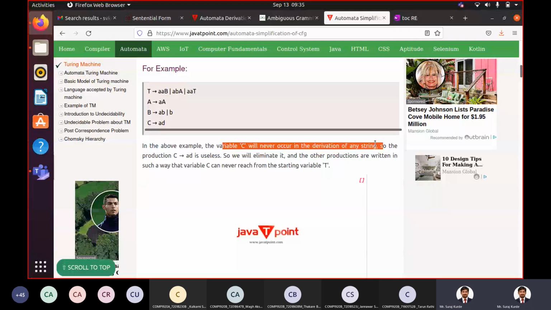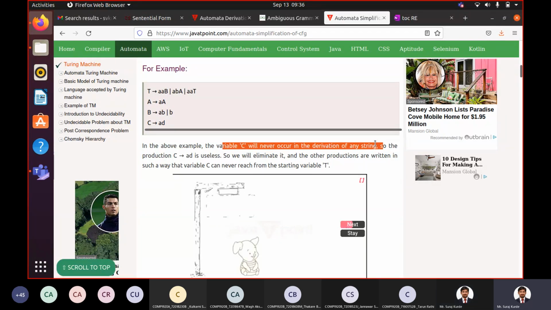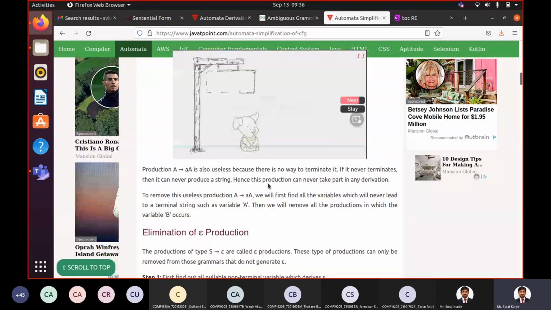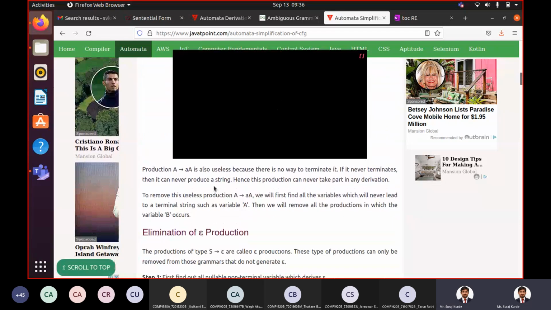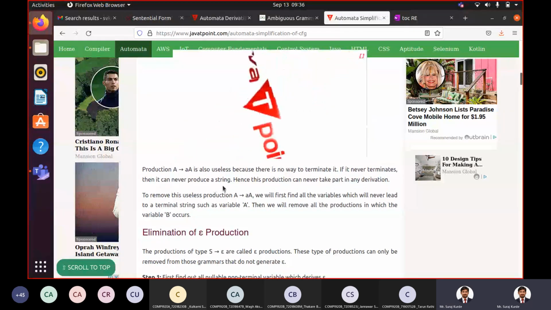Capital C does not occur on the right hand side of any production rule, so it does not appear in the derivation of any string. So the production C produces AD is useless. We'll eliminate it, and the other productions are written in such a way that variable C can never be reached from the starting variable T, so the remaining productions will stay as they are.